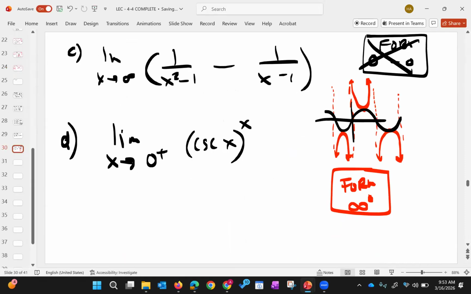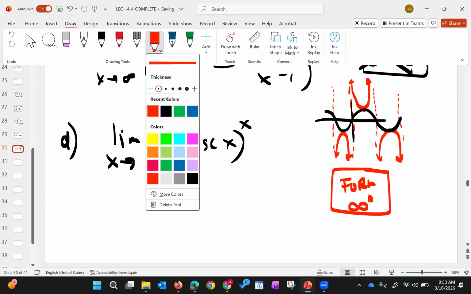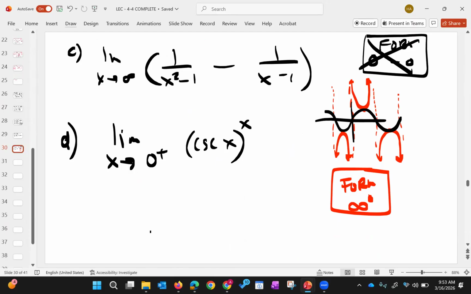Sweet. Now, tricky part here. Ready? We've got just enough time to do this. Let's jam with it. We're going to say y equals, because this is log functions now. We have this x that's stuck in the exponent. That's our problem. So y equals cosecant of x to the x.